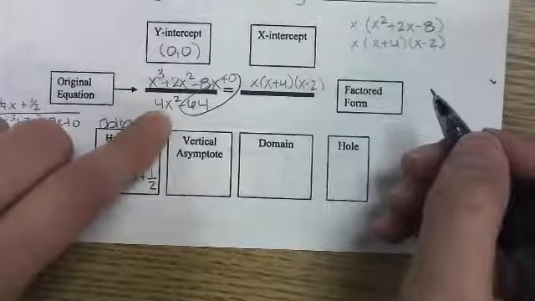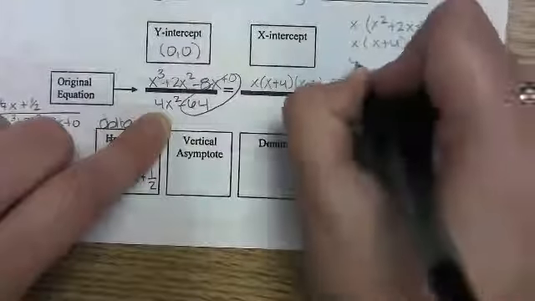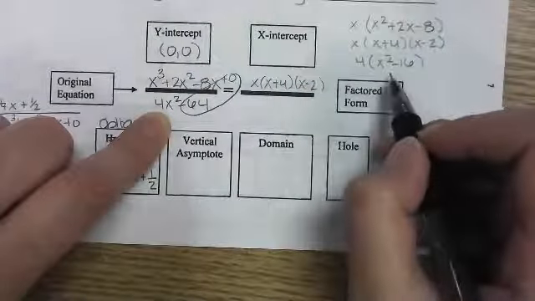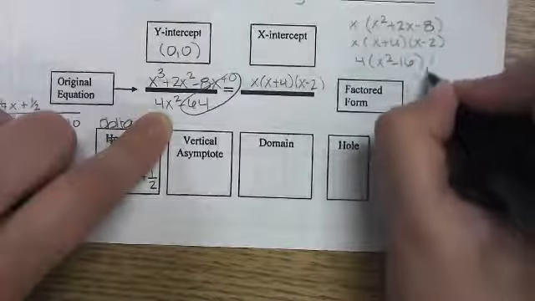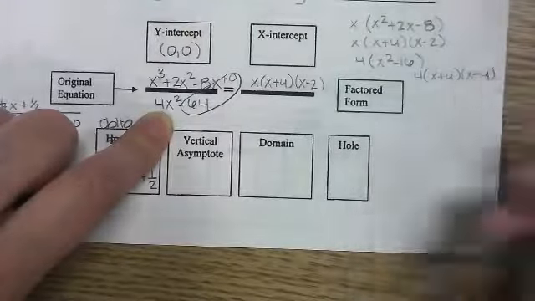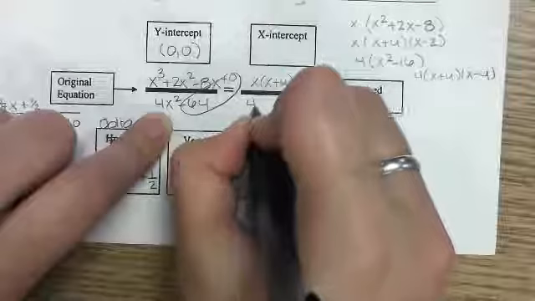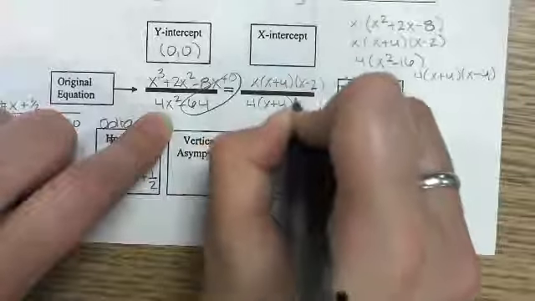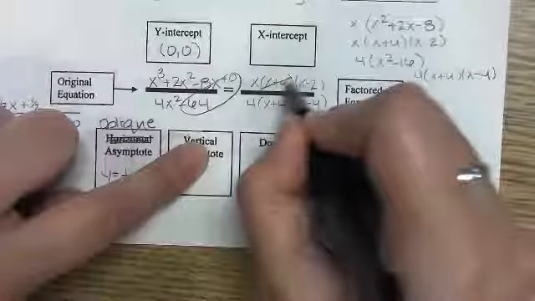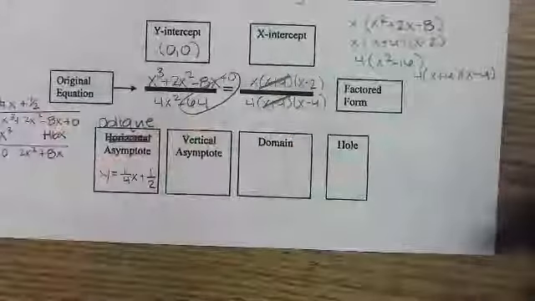And then on the bottom I have a GCF of 4. And then this is difference of squares, so that's going to be x plus 4, x minus 4. Alright, and I can see I have the x plus 4 that cancels out.